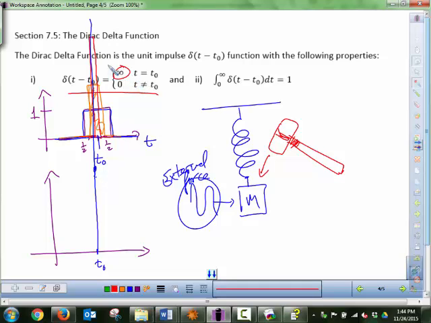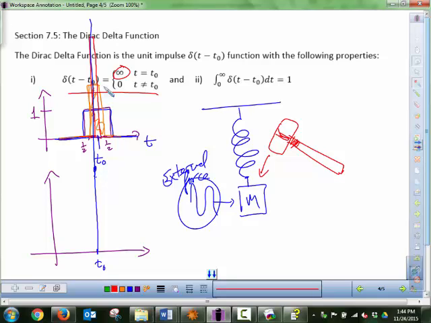Does it go all the way to infinity? I don't know, it depends on how hard you hit it. But let's assume that you hit it hard enough so that it has this seemingly infinite value at that one instant in time. And so that one big force is the Dirac delta function at a particular time.